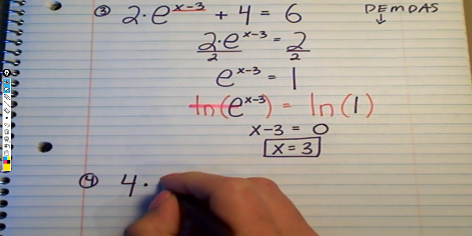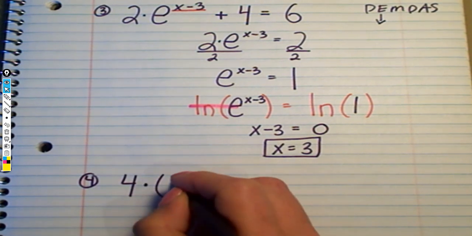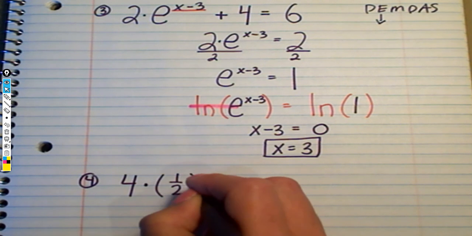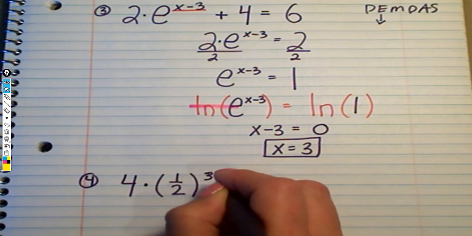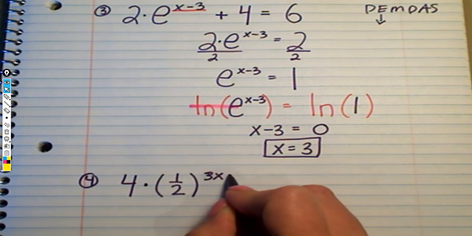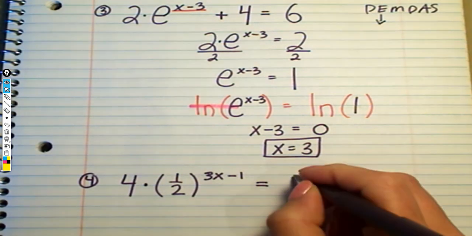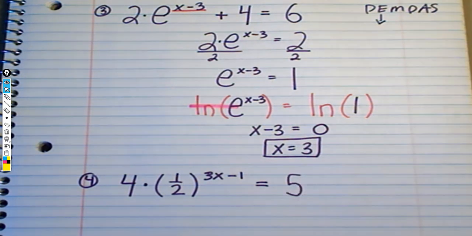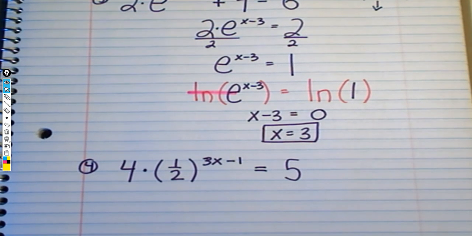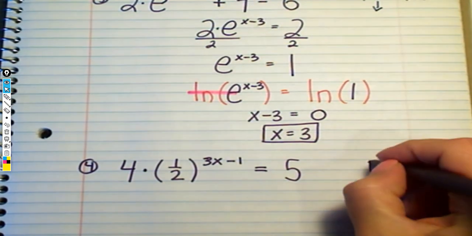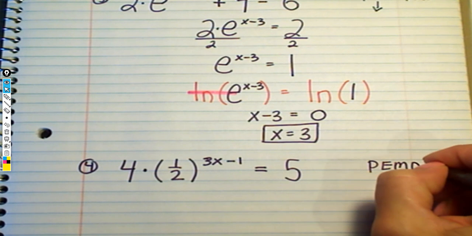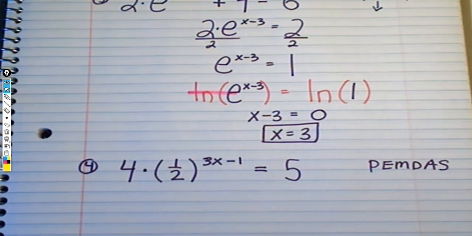4 times 1/2 to the 3x minus 1 equals 5. Whew. Okay, solve for x. So I'm still thinking about my PEMDAS.